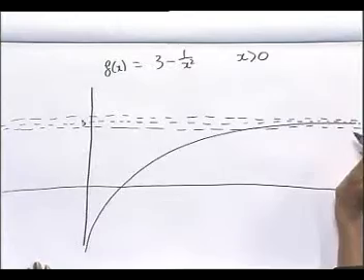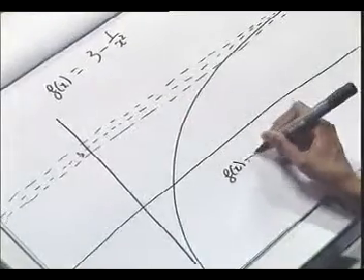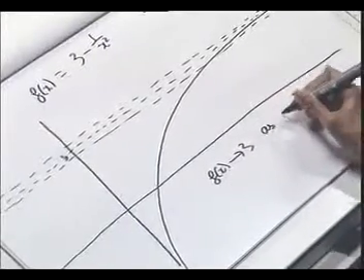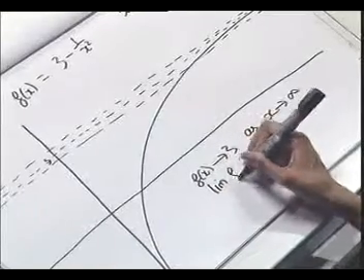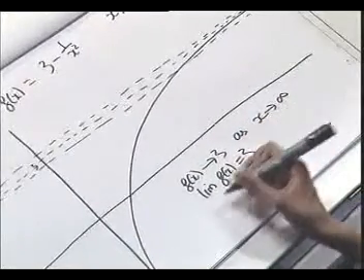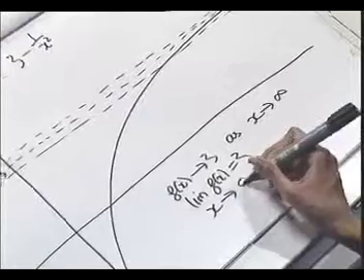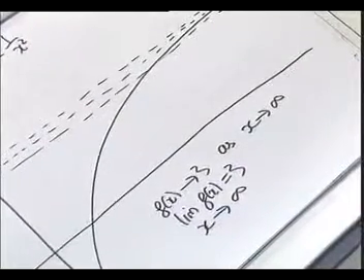So this function has limit 3, and again we write f(x) tends to 3 as x tends to infinity, or the limit of f(x) equals 3 as x tends to infinity. In general, we say that a function has limit L as x tends to infinity if, however small a distance you choose, the function gets closer than that and stays closer than that as x gets larger.